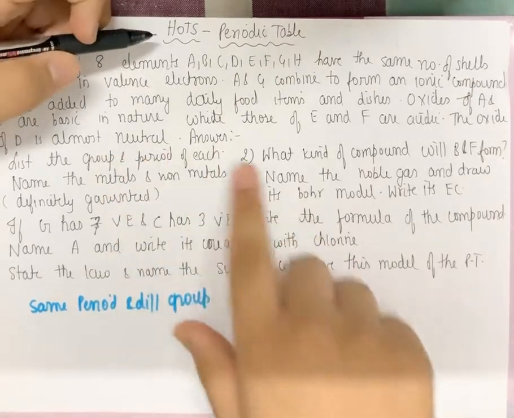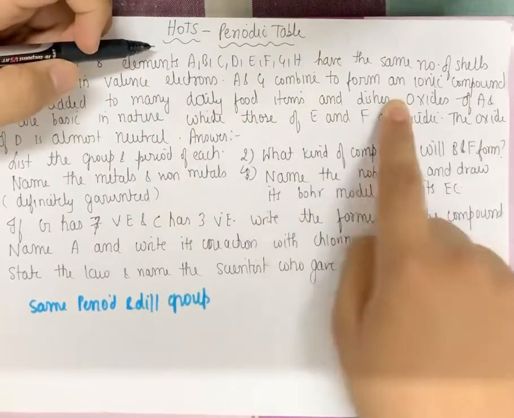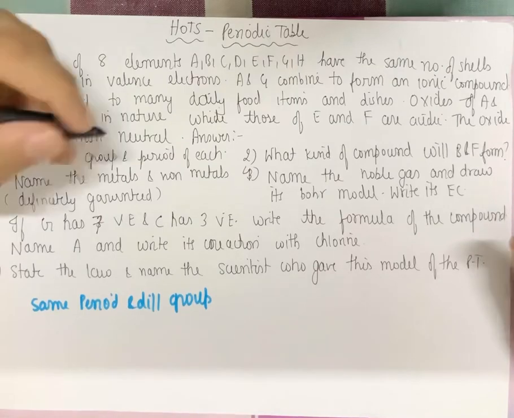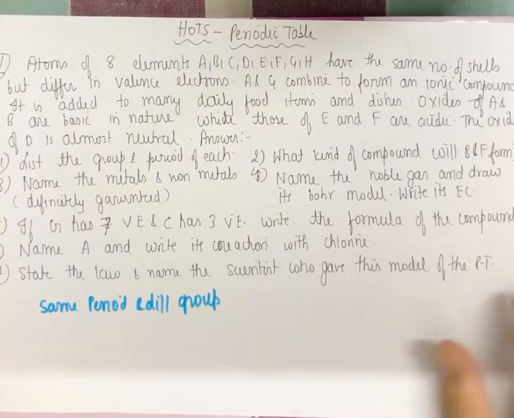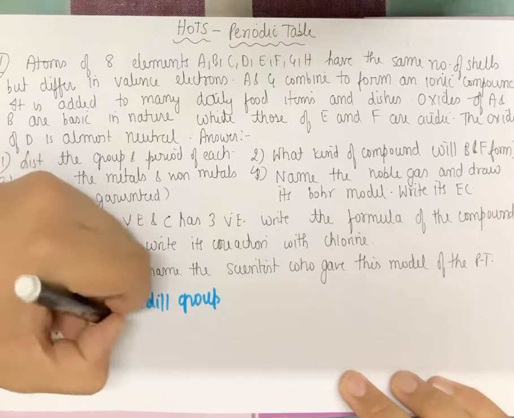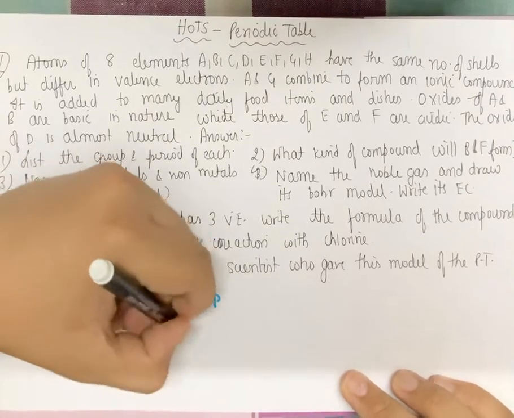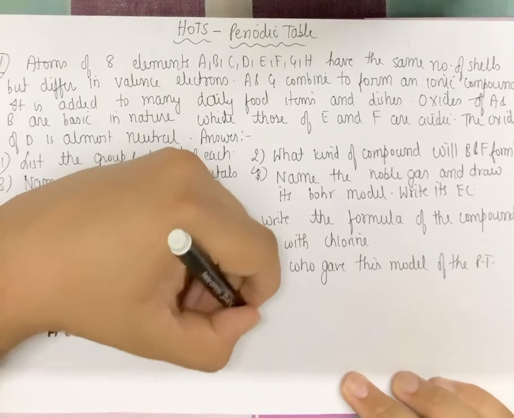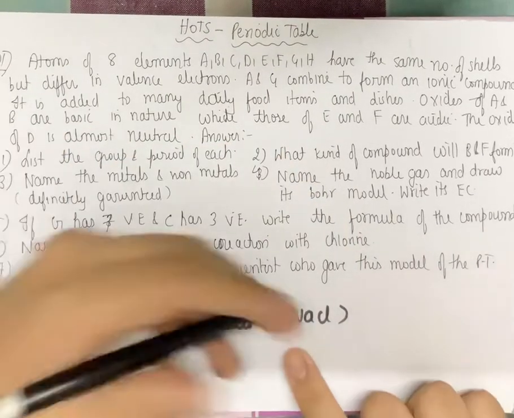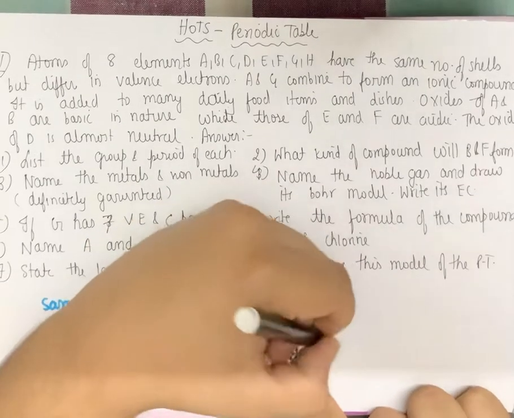When we talk about a salt added to many daily food items and dishes, we are talking about common salt. So A and G form common salt, NaCl. That means A is Na and G is Cl.